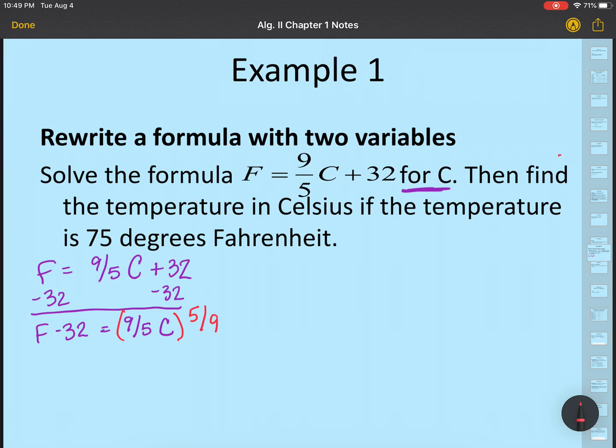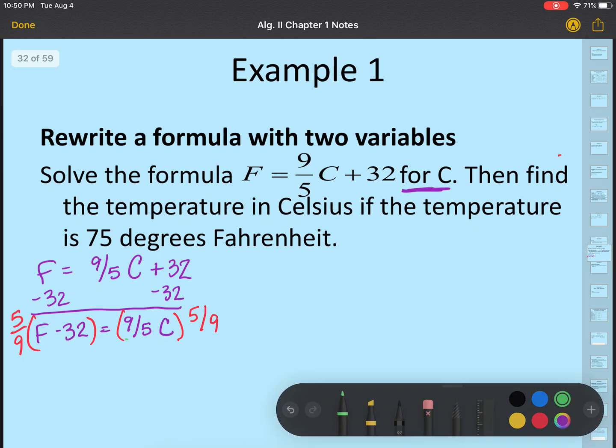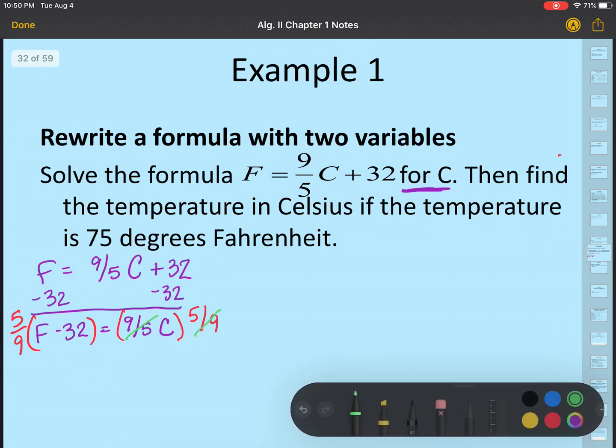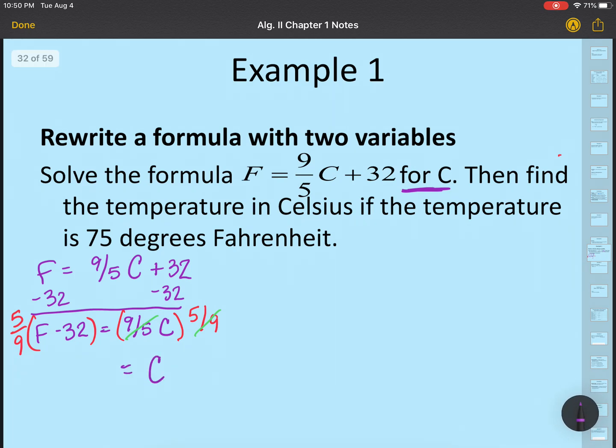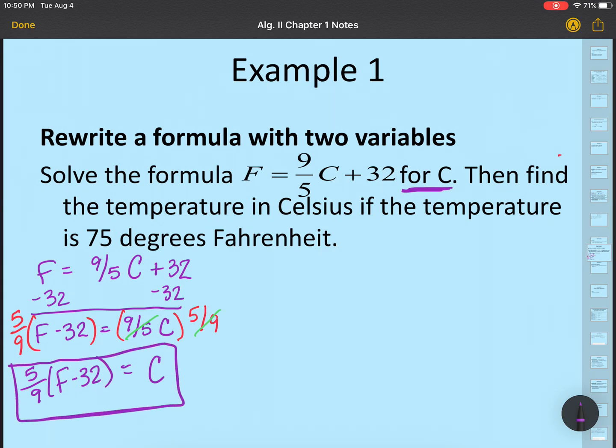The reciprocal, again, you just flip the fraction around. So we're going to multiply the reciprocal, or 5/9, on both sides, so that these fractions will actually go away. You're going to be left with that Celsius, which is what we wanted, equals 5/9 times Fahrenheit minus 32. That's what we solved for Celsius.